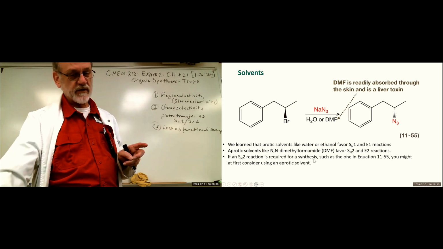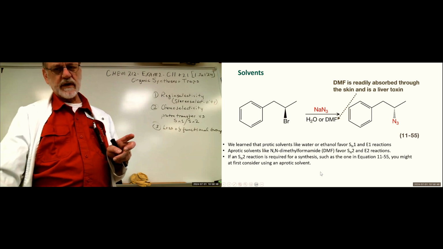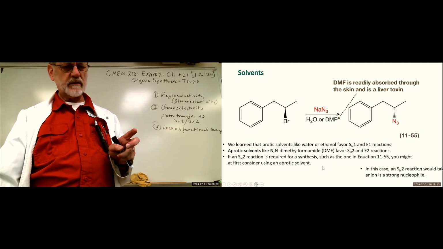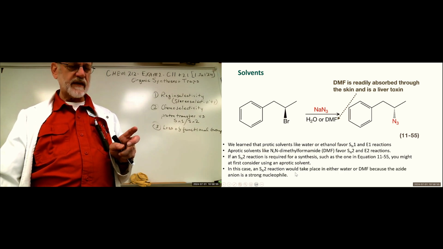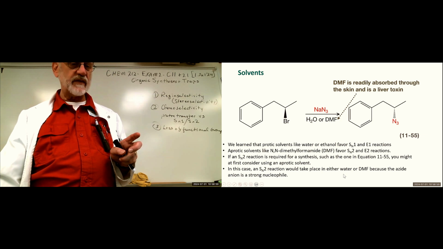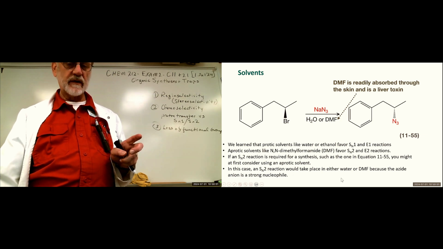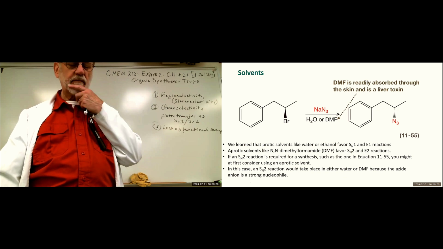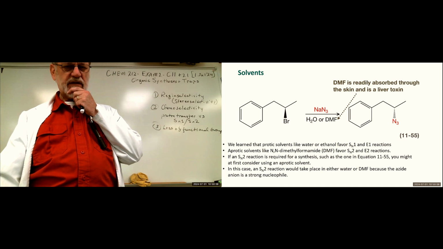If an SN2 reaction is required, such as the one in 1155, you might at first consider using an aprotic solvent. In this case, SN2 reaction would take place in either water or DMF because the azide anion is a strong nucleophile. Okay, so water could be a solvent. Let's see.